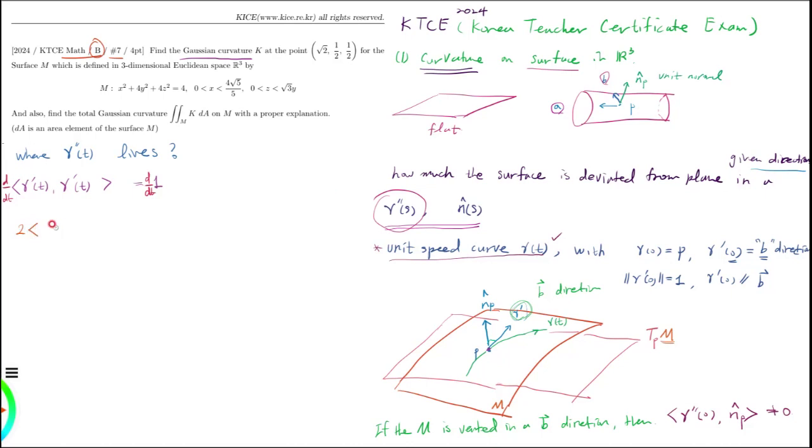Then we have 2 times the second derivative of gamma t and the first derivative of gamma t equals 0. That means their inner product is 0. That means the second derivative of gamma t is perpendicular to its tangent vector.